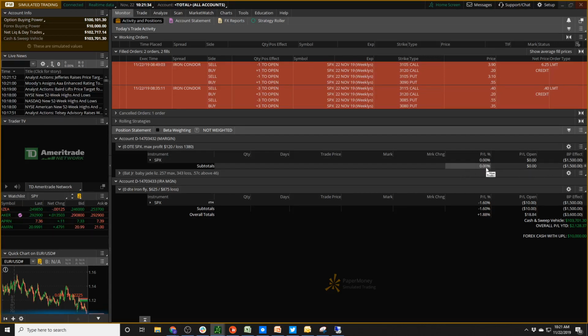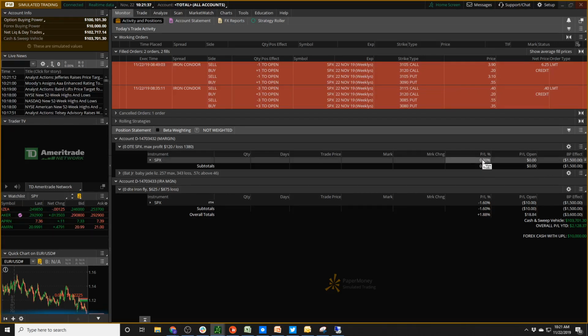This is partially because the S&Ps are continuing to rise, so it's getting closer to our short strike on the call side, but the theta is kicking in, so it's countering the way it's going against us.